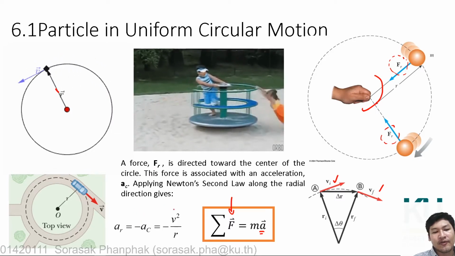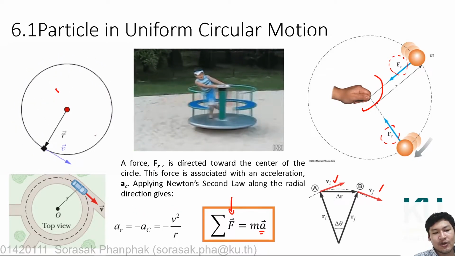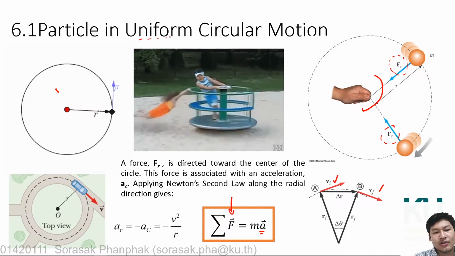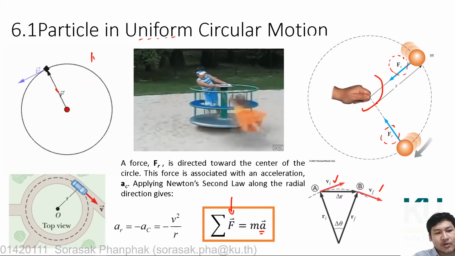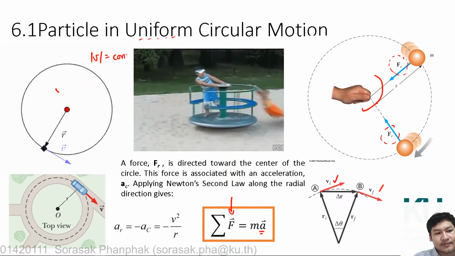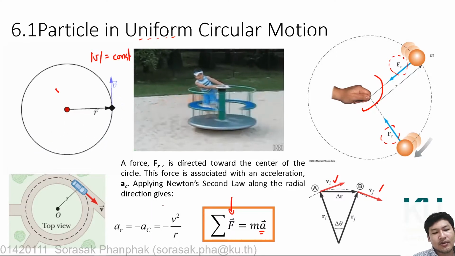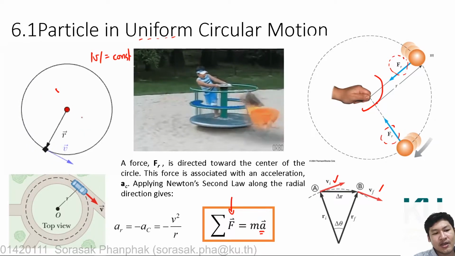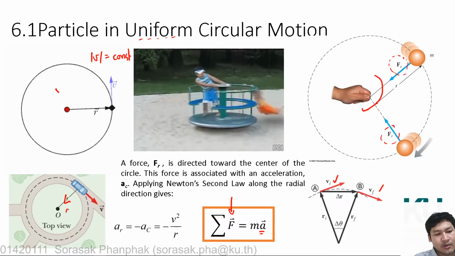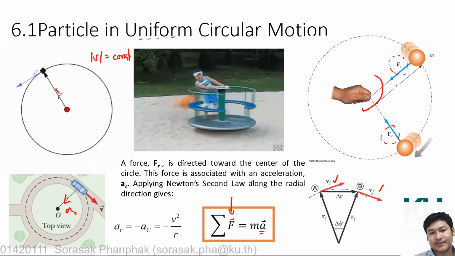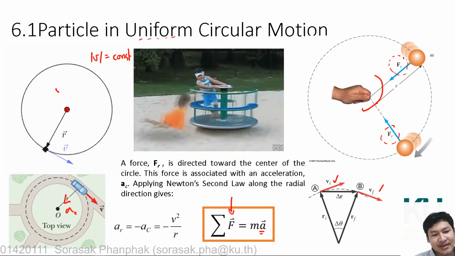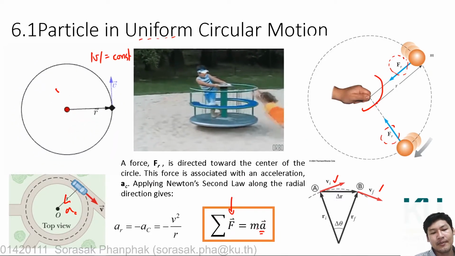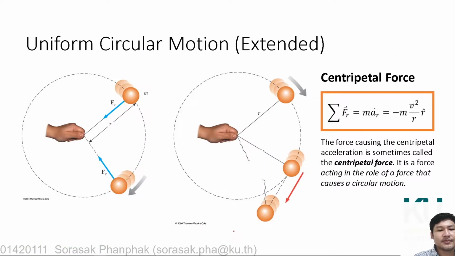If you know the tangential velocity in the uniform circular motion, uniform means your absolute v is constant, right? So v squared over r is the acceleration pointing inward to the center of motion, and when you multiply the acceleration by m, you get the force. That is what we call the centripetal force.